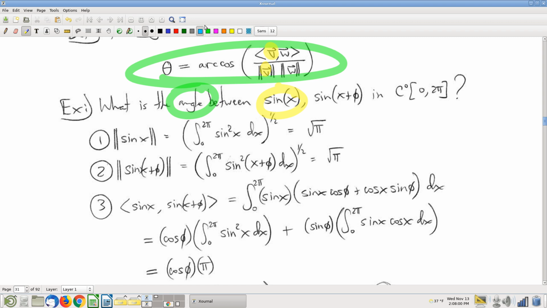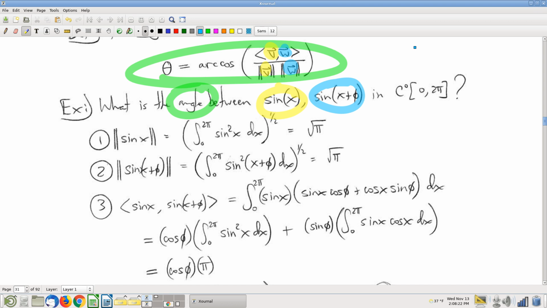Sorry, I was thinking about something else. Sine of x plus phi. So there I have two vectors in C0, a known inner product space. The angle is defined as that arc cosine, and plug and chug. It's a little tedious. Apologies for the tedium. It is what it is.